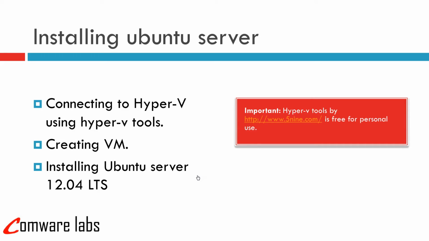I'm using the Hyper-V tools from fine9.com, because I can't connect using Windows 7 machines, as R2 is not backward compatible. You really need a Windows 8 Professional or Ultimate to connect to your Hyper-V 2012 R2 server. So I'm just going to use the tools from these guys.